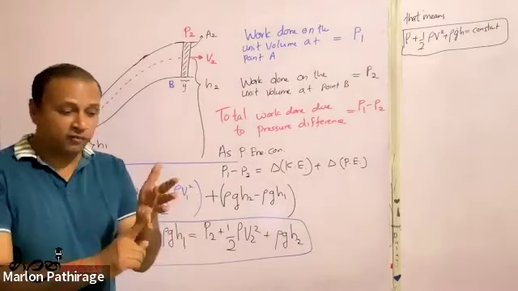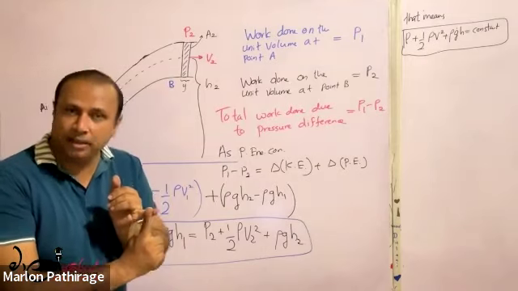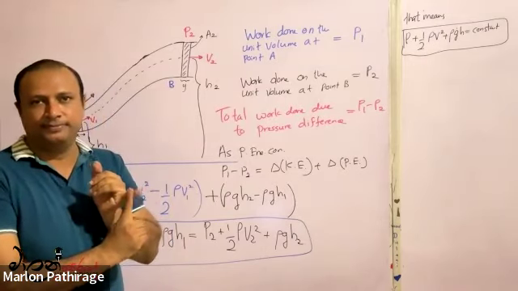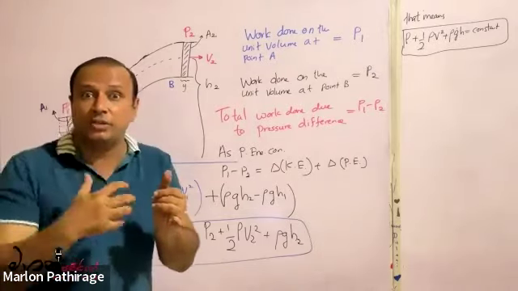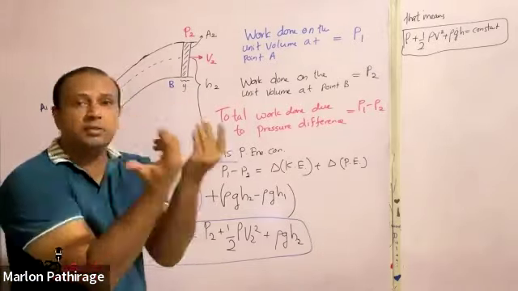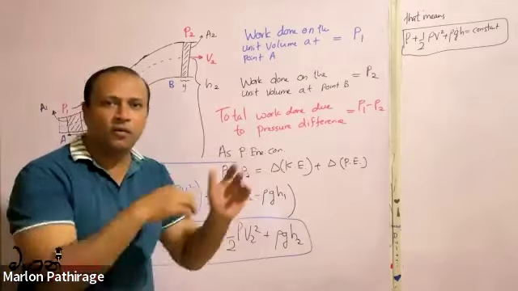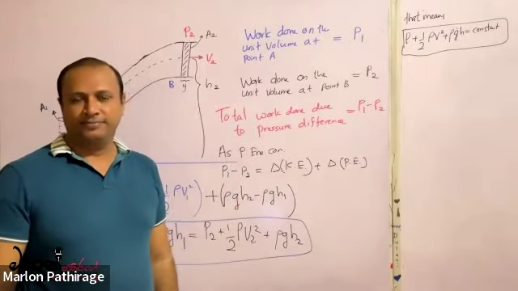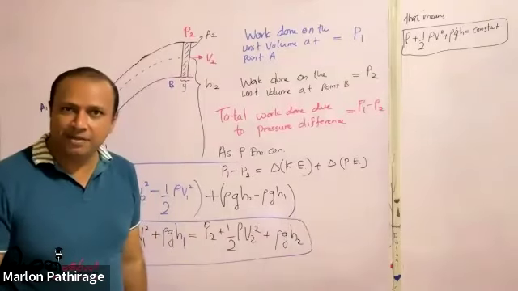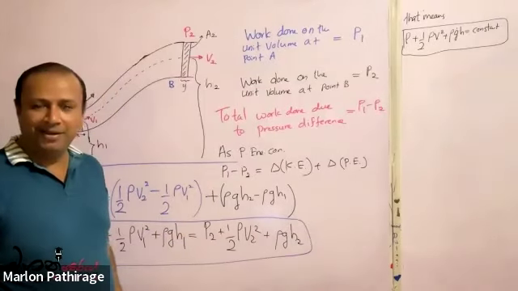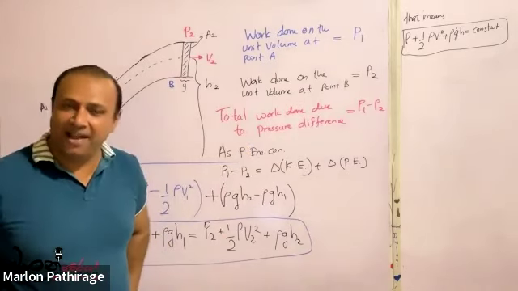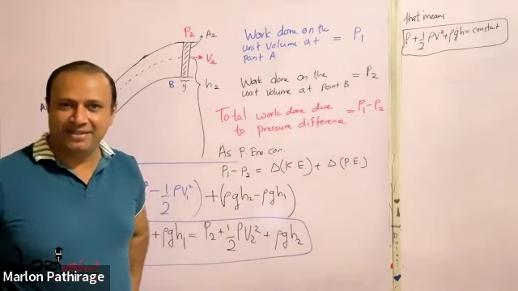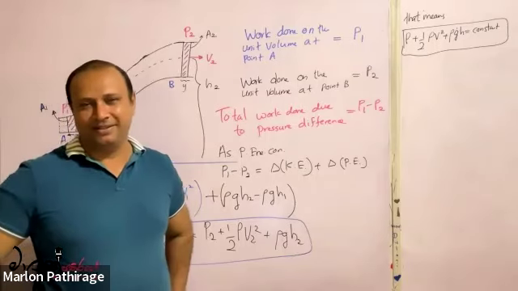And therefore, fluid should be a non-viscous fluid. Then the second point, there should not be any rotational motion or turbulent flow within the fluid. That means this should be a streamline, steady state flow. Otherwise, this equation is not valid.